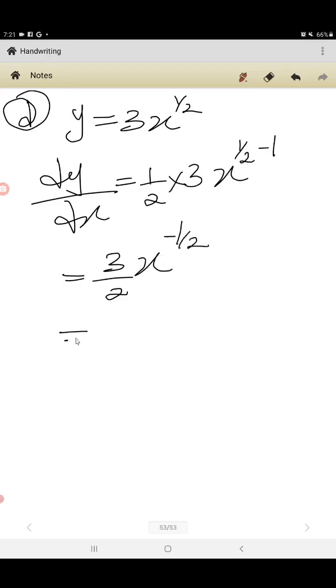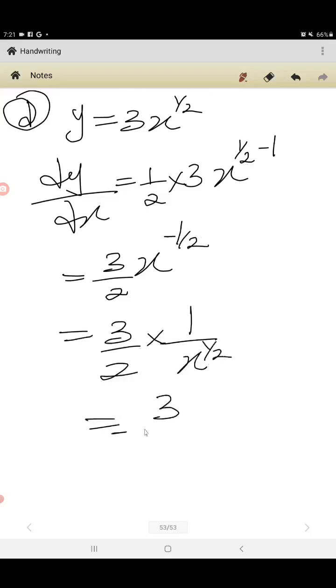By the law of indices, that is 3 over 2 times 1 over x raised to power half. So you are able to write 3 over 2 root x. That is just the answer.